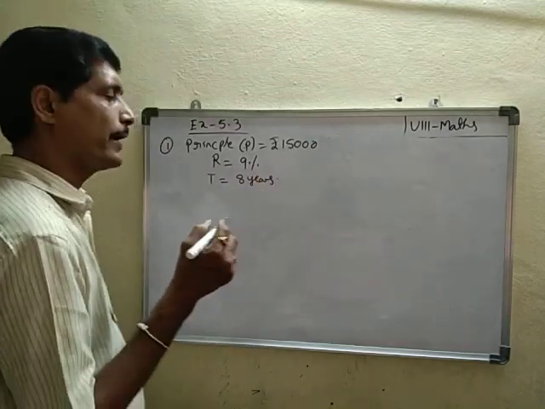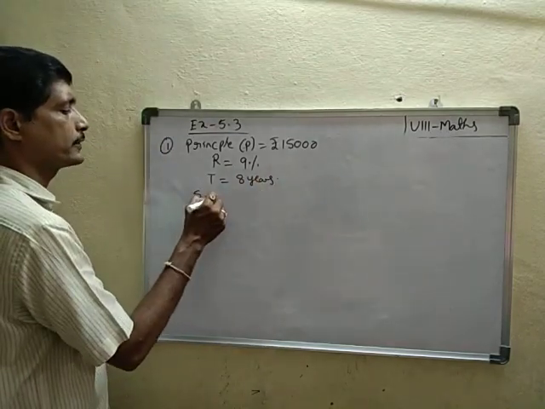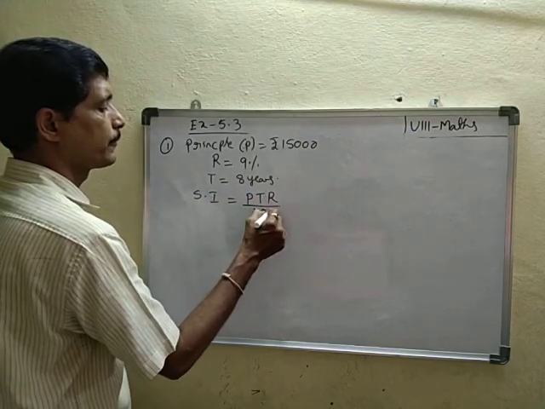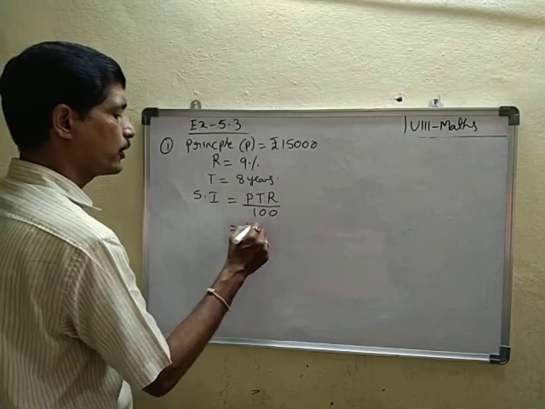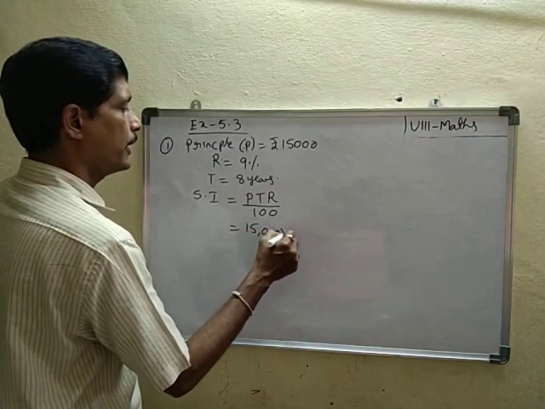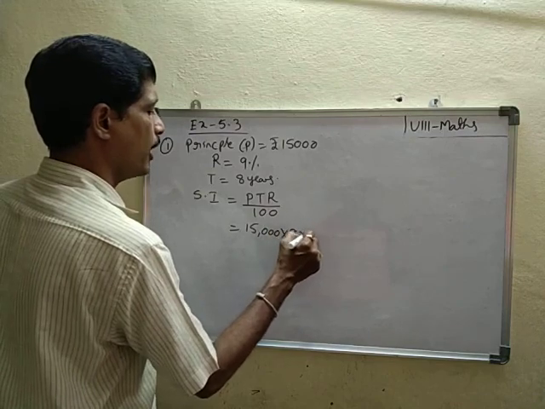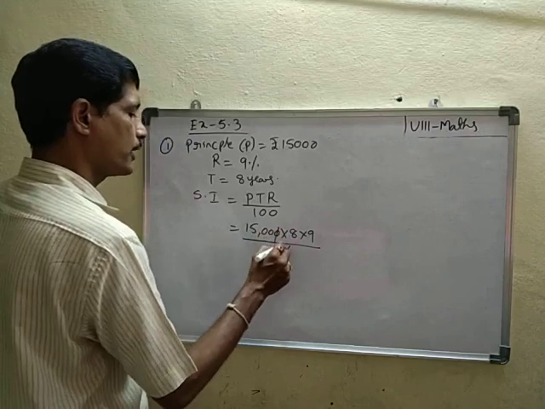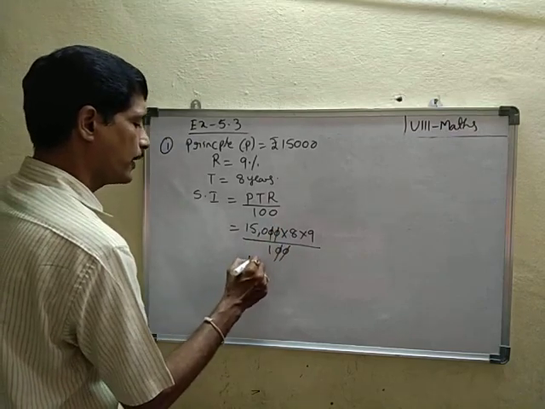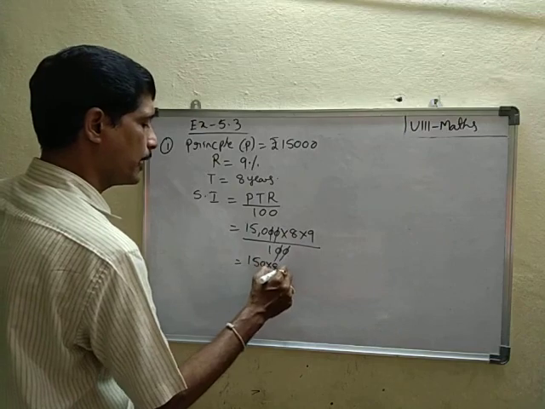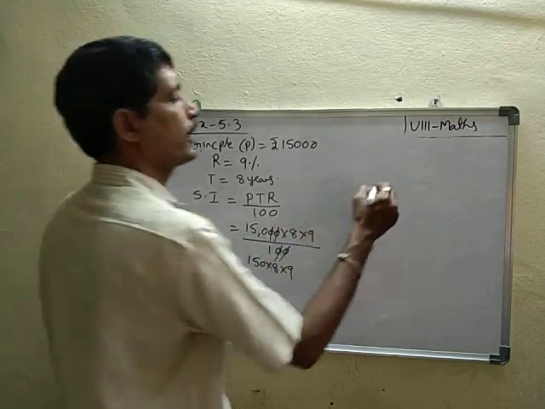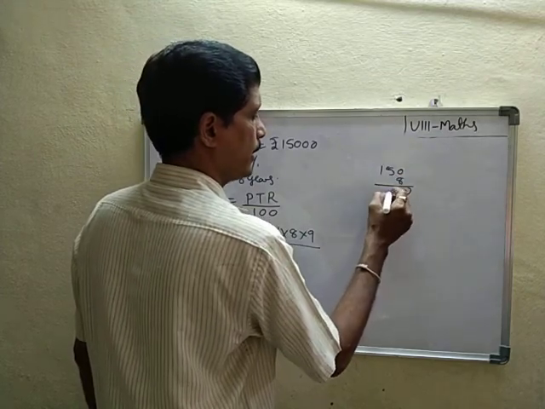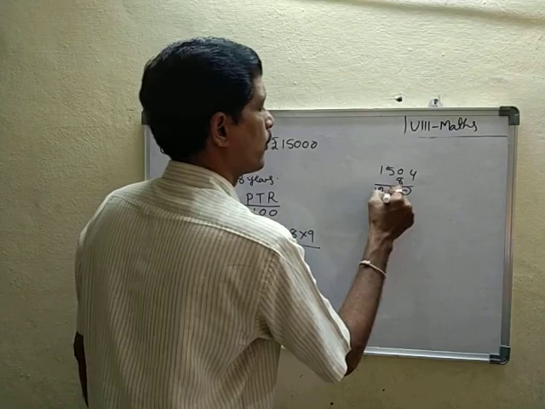First find out the simple interest. Simple interest SI equals PTR by 100. P equals 15,000 rupees, T means 8 years, R means rate of interest, that is 9, by 100. Here the zeros get cancelled: 150 into 8 into 9. 150 into 8 is 1200.